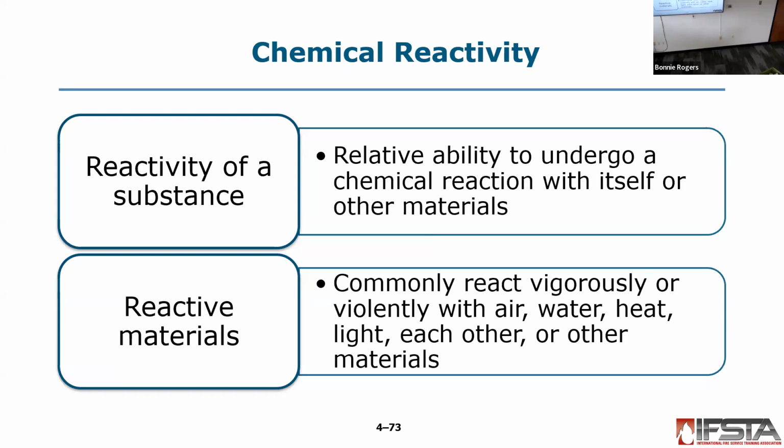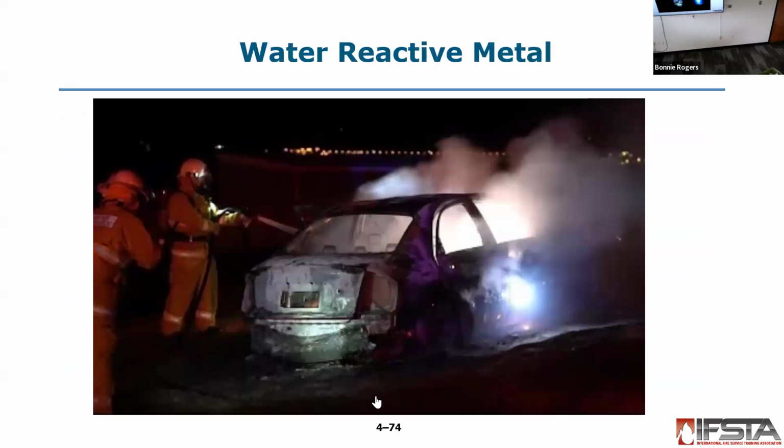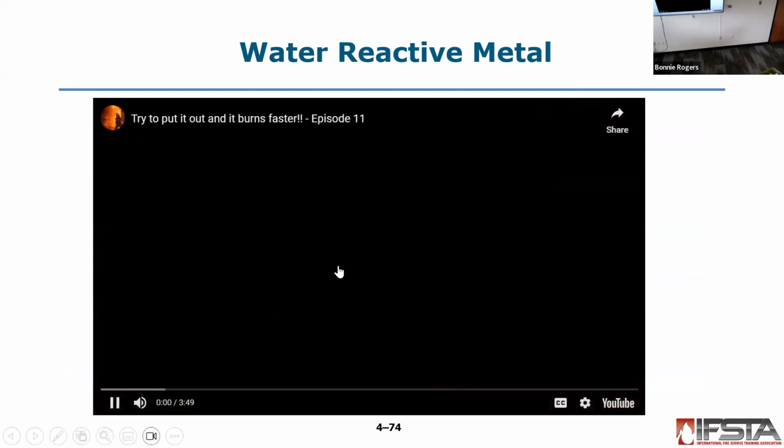How likely is it to undergo a chemical reaction when it's mixed with other materials or even by itself? Some things are very highly reactive. So would corrosives be an example of something that's highly reactive? Potentially. I'll show you this video.